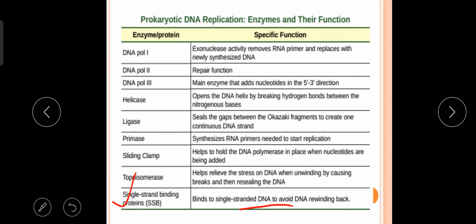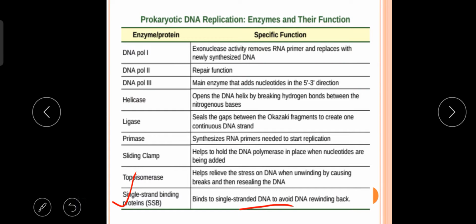When the helicase enzyme breaks the hydrogen bonds between the two strands of DNA, then these separated strands are held together or stabilized by the single stranded binding protein, which stabilizes both strands of DNA during the process of DNA replication.